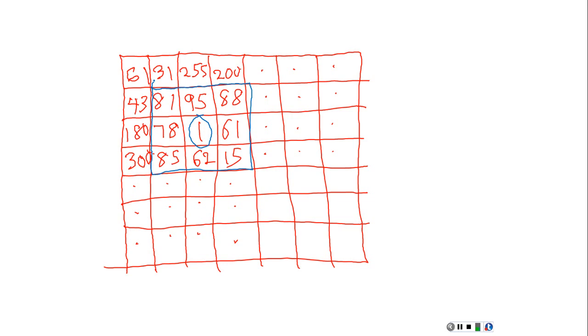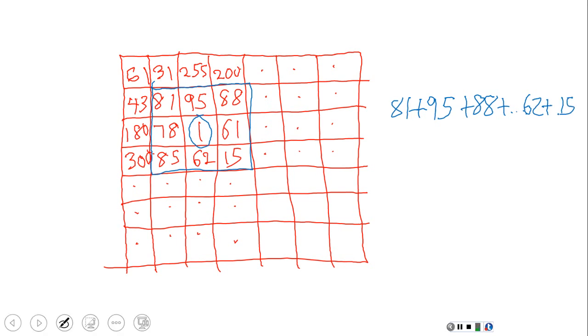So we have 81 plus 95 plus 88 plus 180 plus 78 plus 1 plus 61 plus 300 plus 85 plus 62, then plus 15, and that is going to be 3 by 3, 9.